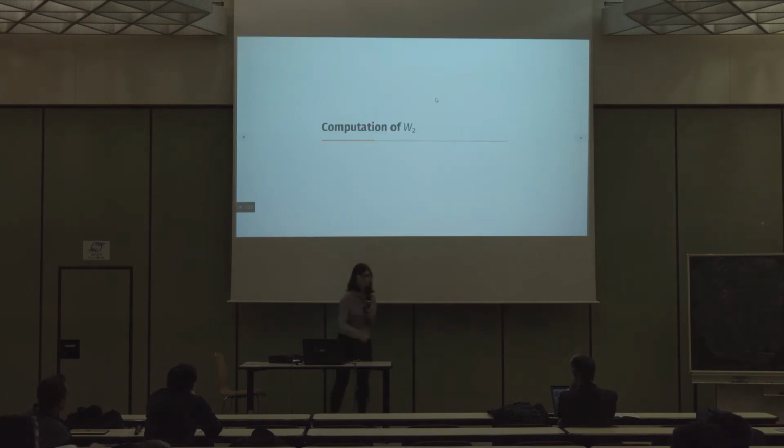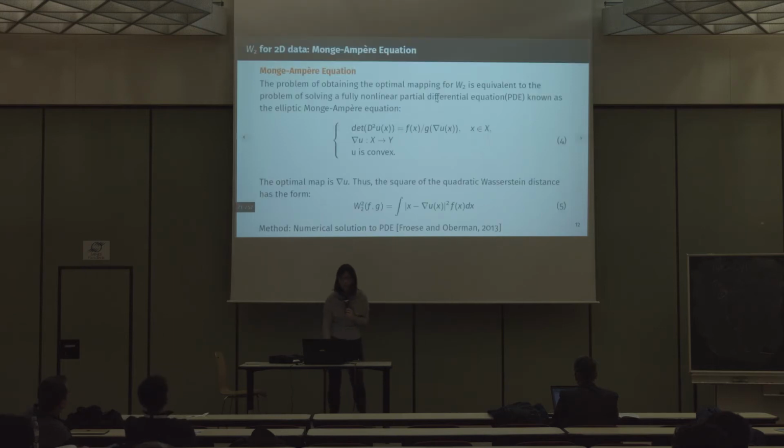After exploring the properties, we would like to see how to compute it. I think that's the number one challenge for optimal transport, because it's not very easy to get the optimal map. When we first started, we were thinking about the Monge-Ampère equation because of Brenier's paper in the 1990s, which gives the connection between W2 and the Monge-Ampère equation.